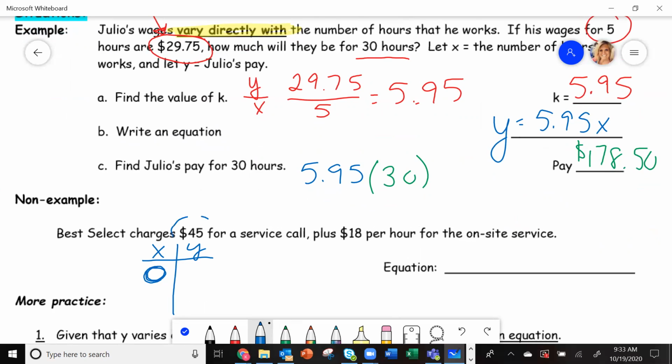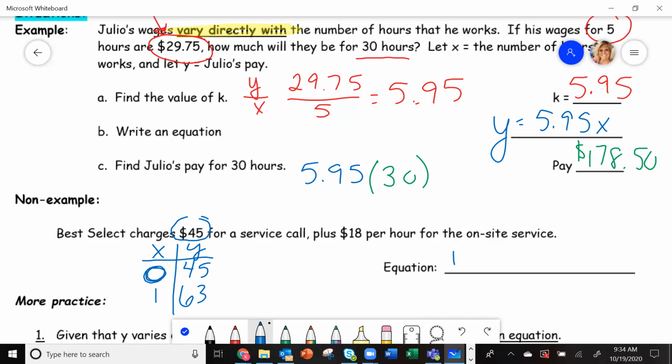It says they're going to charge me $45 just to show up. Then for 1 hour of work, you got to add on their $18. Let's see, what's 45 plus 18? So it's going to cost me $63 if they do 1 hour of work.